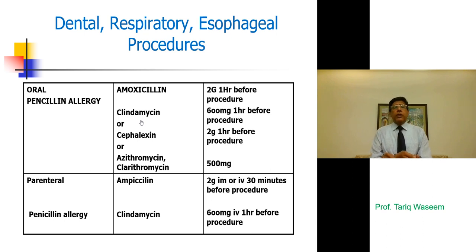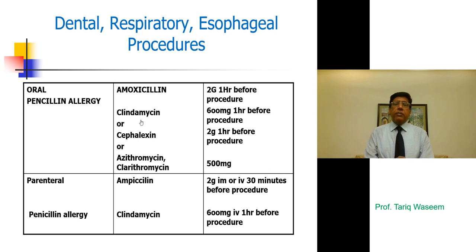The common regimens: if the patient is oral and has penicillin allergy, then you can think of giving clindamycin, cephalexin, or azithromycin. Usually one of these is given, 2 gram 1 hour before the procedure. If it is clindamycin, it has to be 600 milligram 1 hour before the procedure, or azithromycin 500 milligram before the procedure.